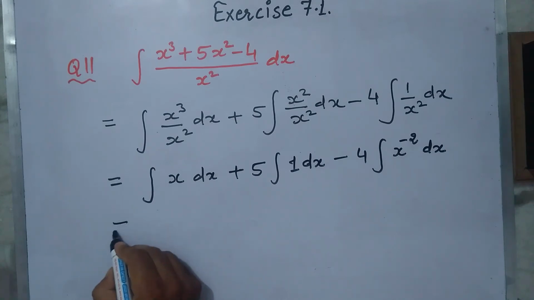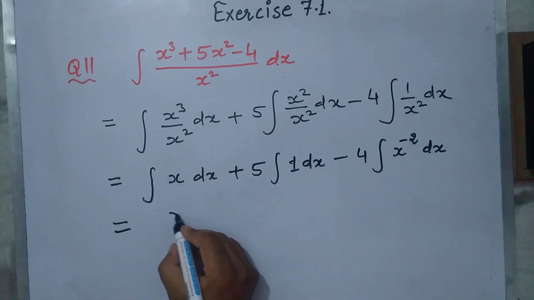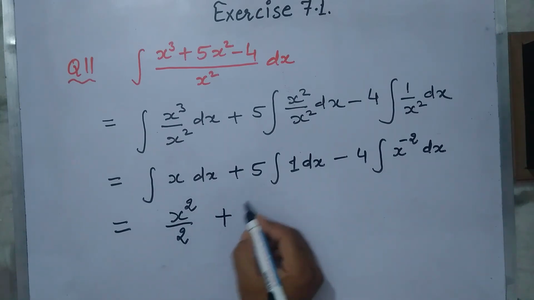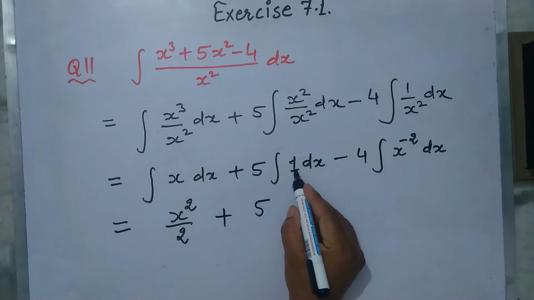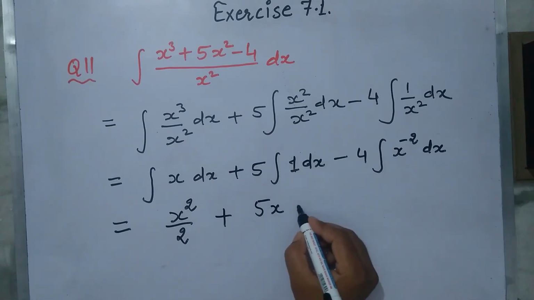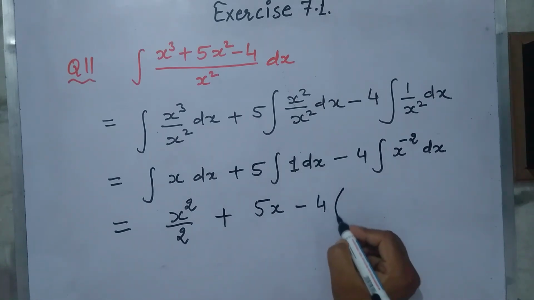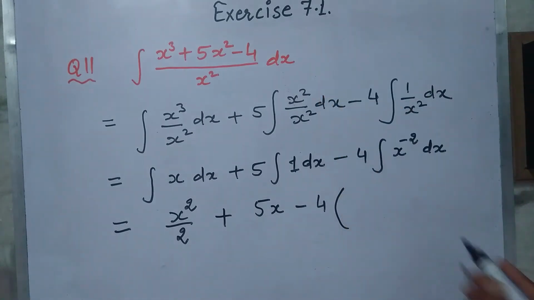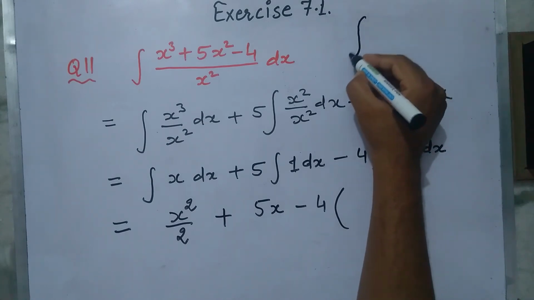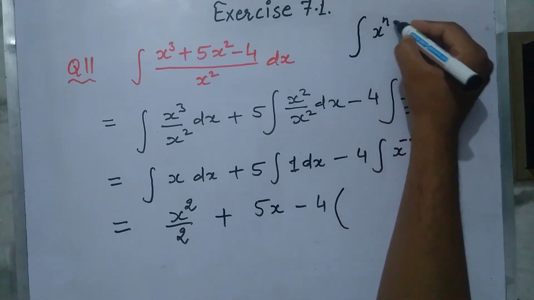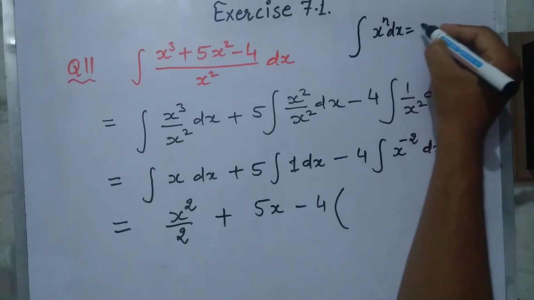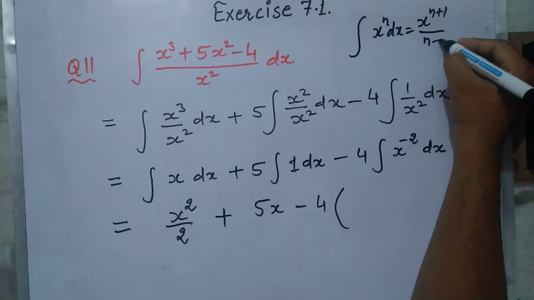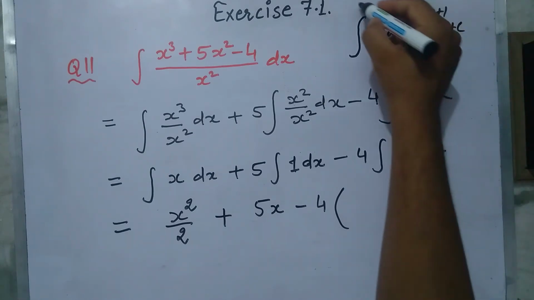So the final answer is x^2 upon 2 plus 5 into integration of 1, which is x, minus 4 into x raised to power minus 2, because integration of x raised to power n dx is equal to x^(n+1) upon n+1 plus c.